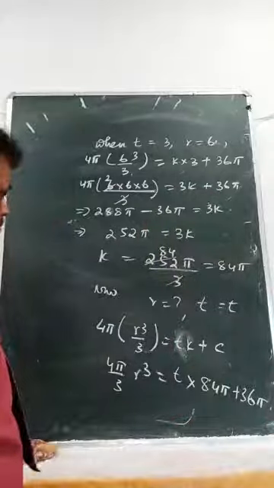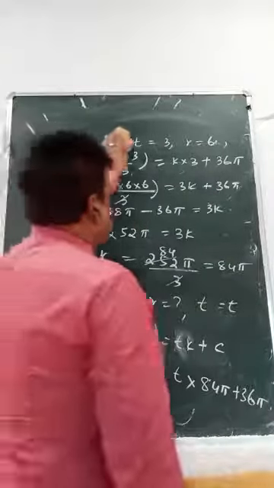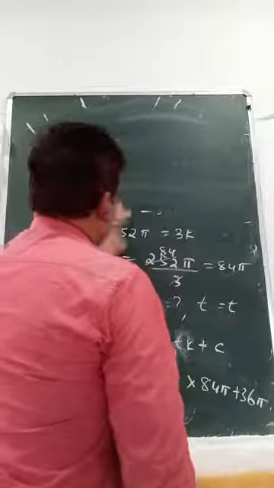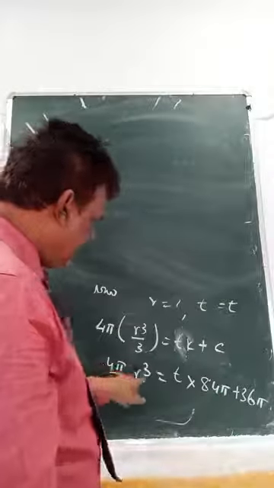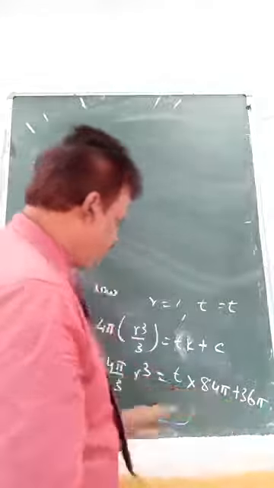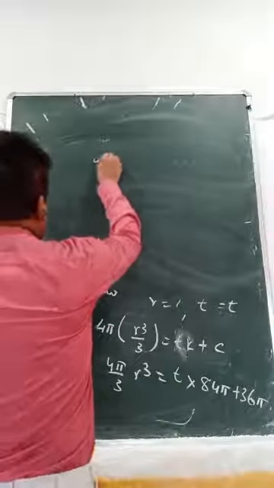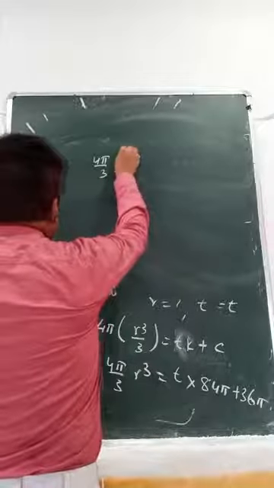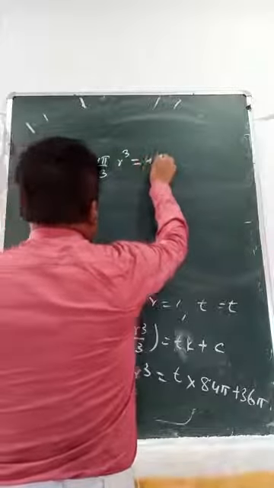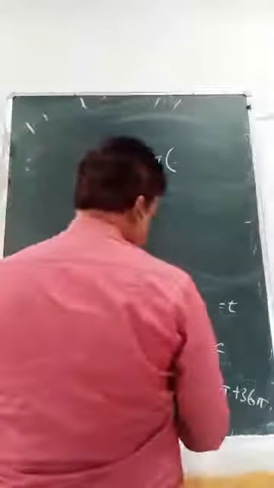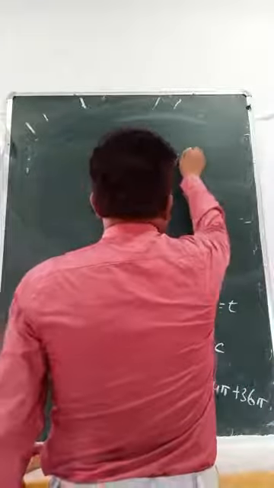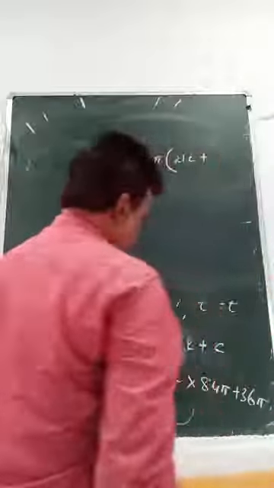This is what you have to simplify. Okay, how to simplify? I think if you want to cancel this 4 pi, I can take 4 pi common here. So 4 pi by 3 r cube, 4 pi common. This is how much? 21t plus, if you take 4, then it will be 9.